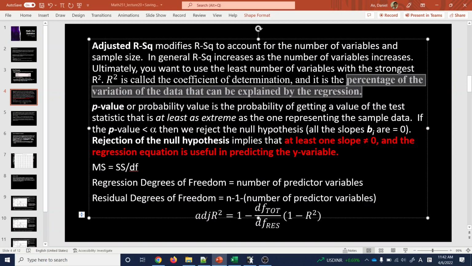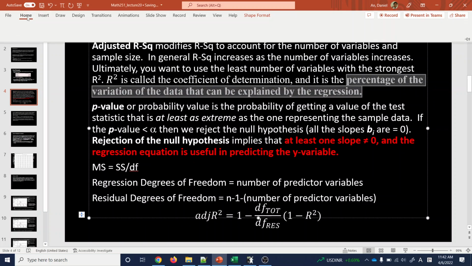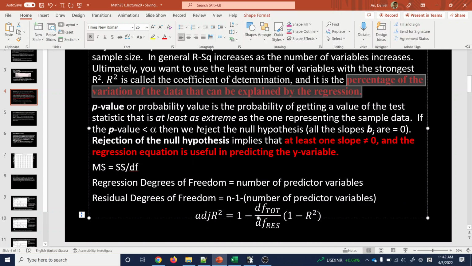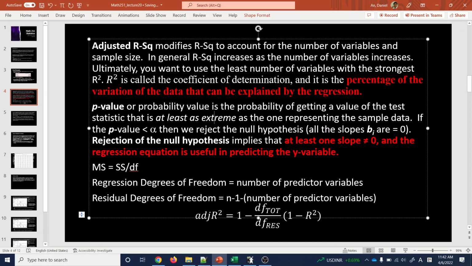Let me make this in red, since it looks important. So R squared is the coefficient of determination and is the percentage of the variation of the data that can be explained by the regression.